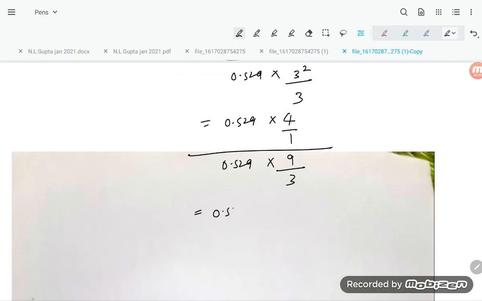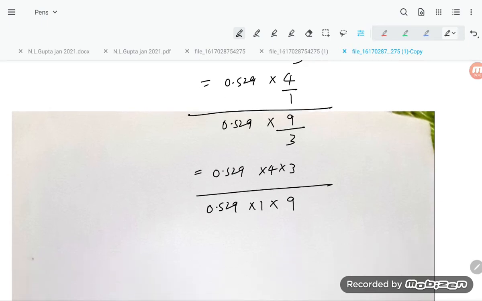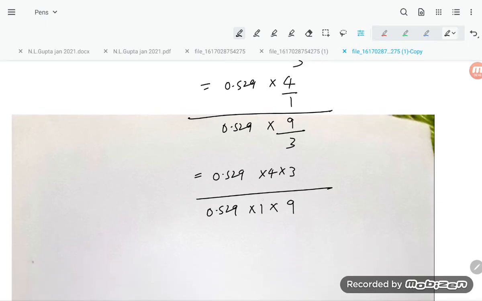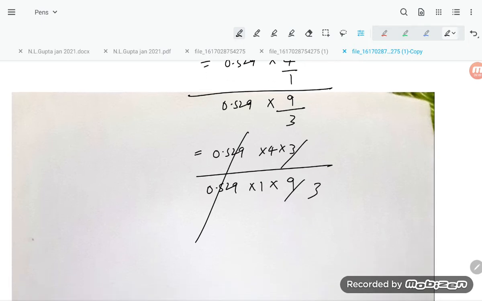Simplify: 0.529 into 4 into 3, total divided by 0.529 into 1 into 9. The 0.529 cancels out, 3 3s are 9, so it is coming 4 ratio 3.